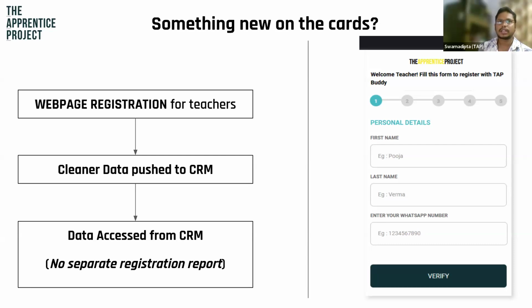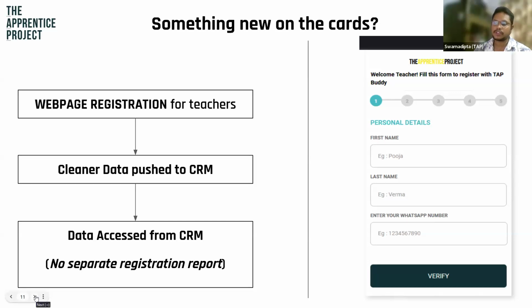However, there were certain challenges, like ensuring teachers enter the correct or a uniform school name. That was one of the very big challenges we were facing when we asked teachers to enter the school name. So this pushed us to have a web page registration where we have a drill-down approach to identifying schools.